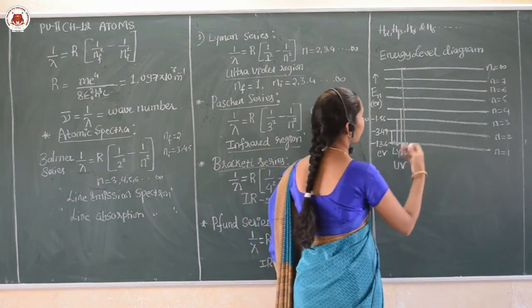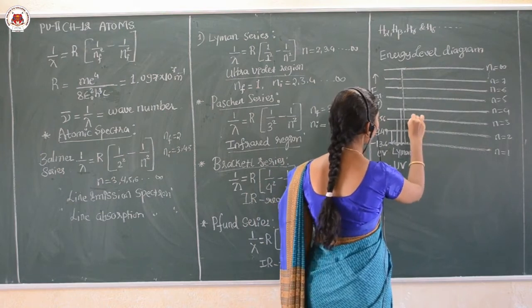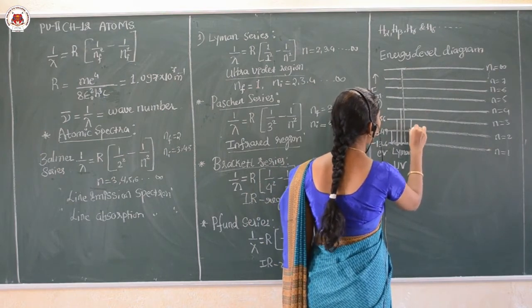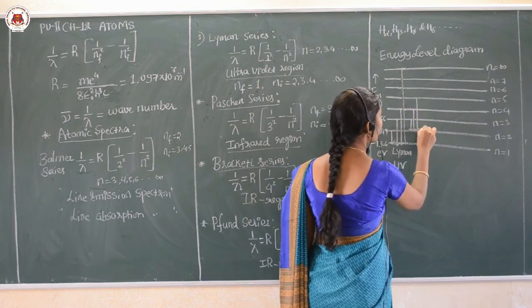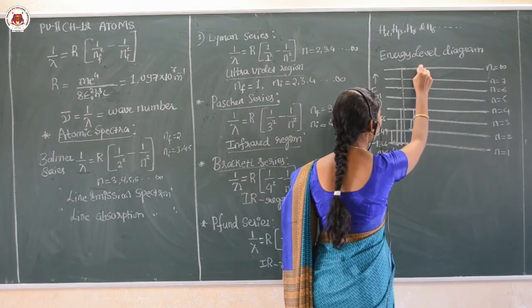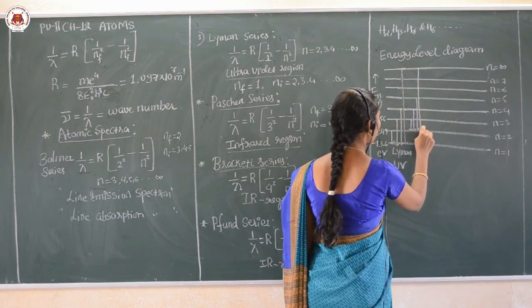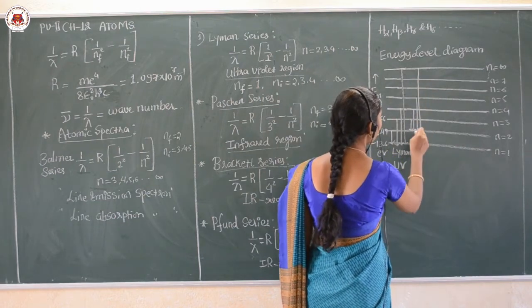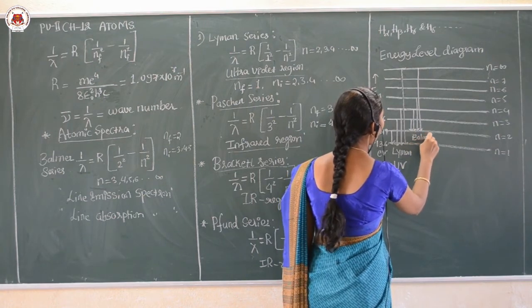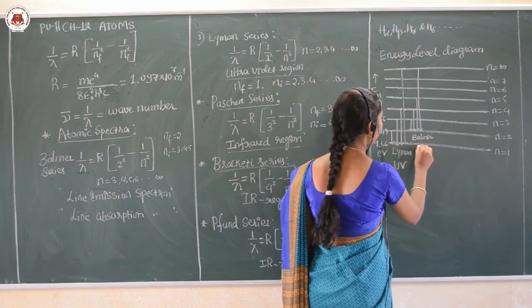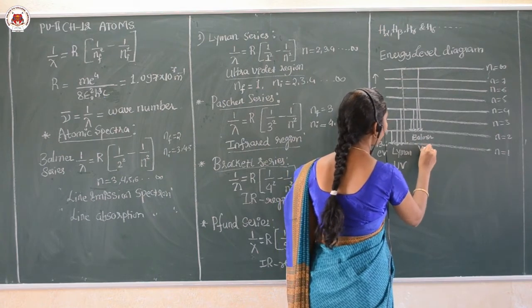Second is the Balmer series. The Balmer series is observed when a transition takes place from a higher energy state to the second orbit. This series is observed in which region? Visible region.